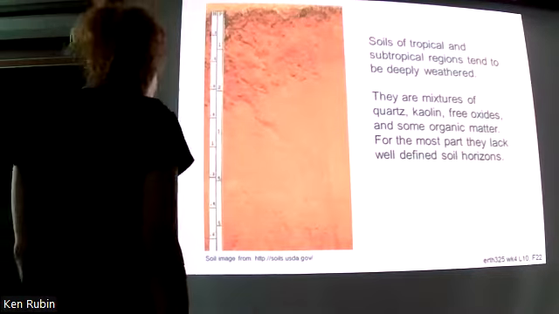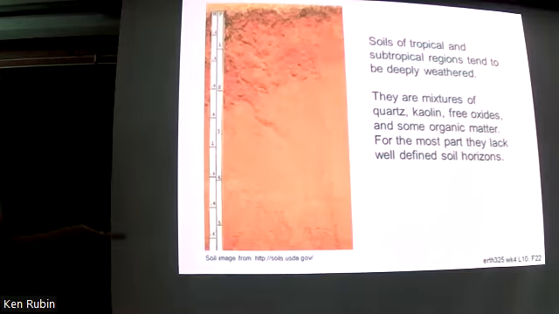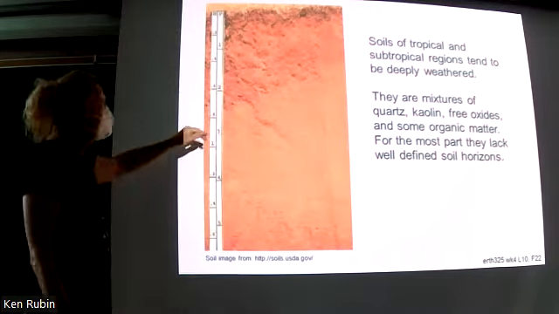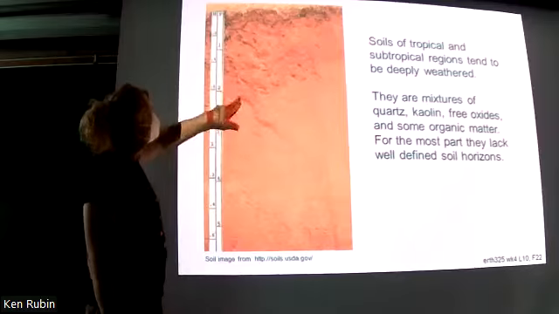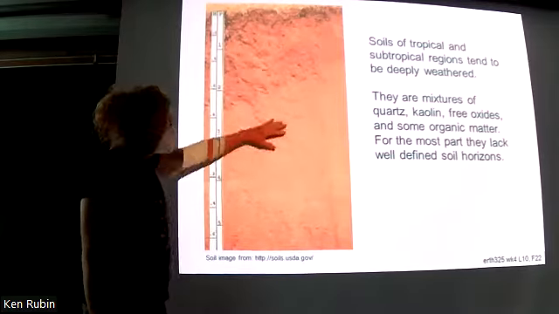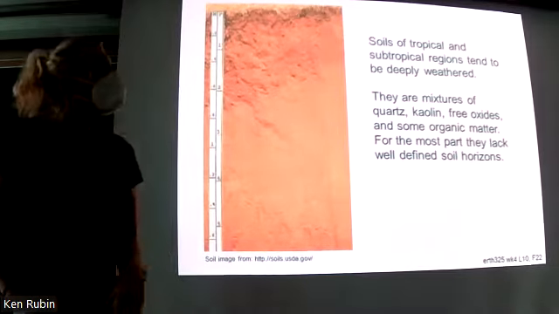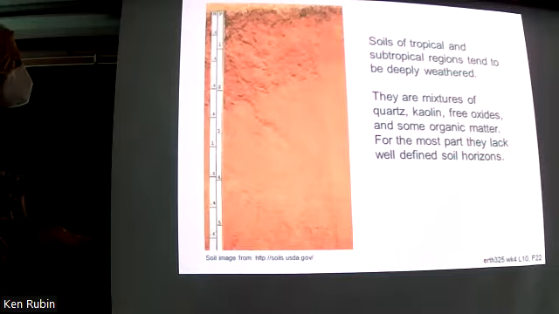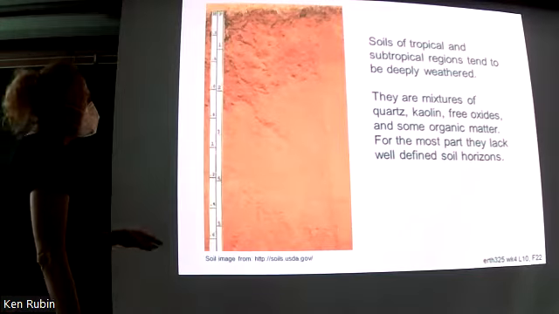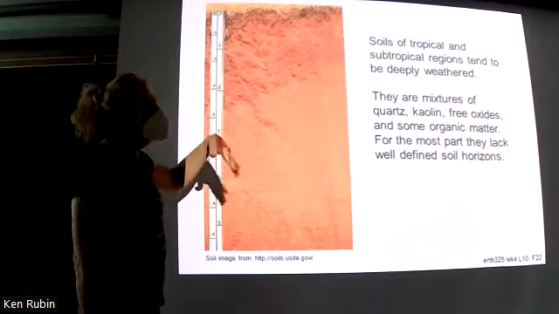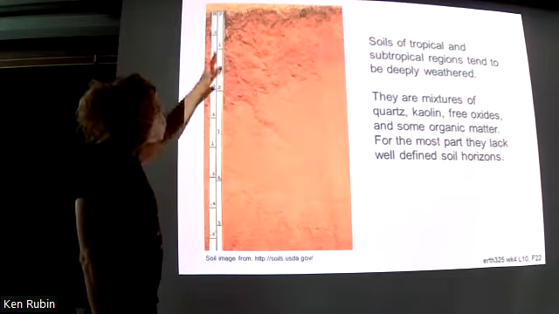Another soil where you'd be hard pressed to find the horizon, right? There's a variation in texture. You see it's kind of coarse, and there's a little bit rubberier up here, a little bit less. But this is a common condition in tropical areas where there's a lot of rainfall. It's very oxidized conditions.